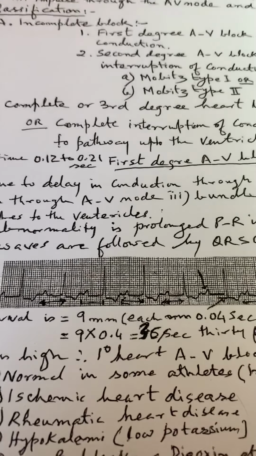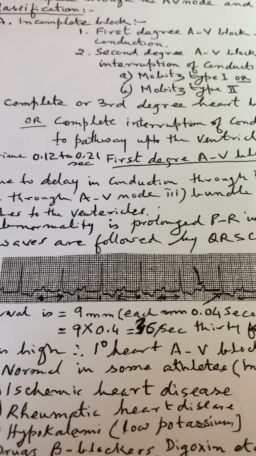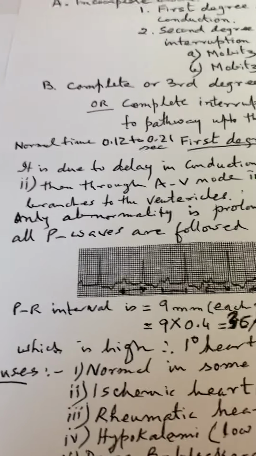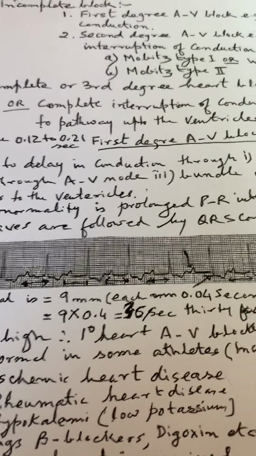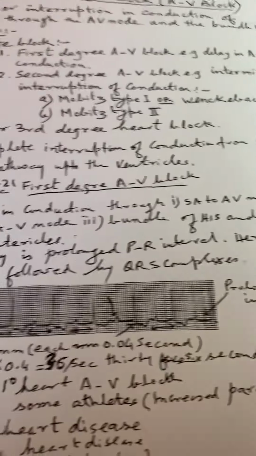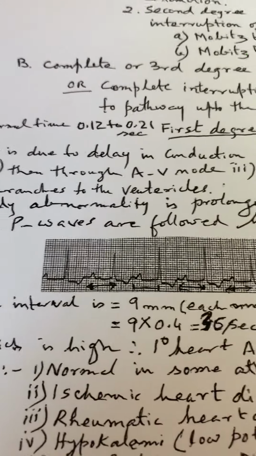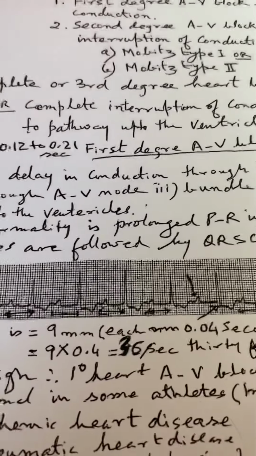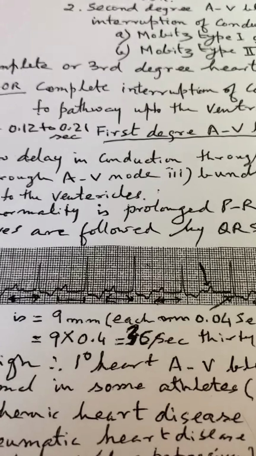So 1 millimeter in the horizontal line is equal to 0.04 second. So first degree block is due to delay in the conduction through the SA node to the AV node, then through the AV node, to the bundle of His and to the ventricle. So this is the pathway.